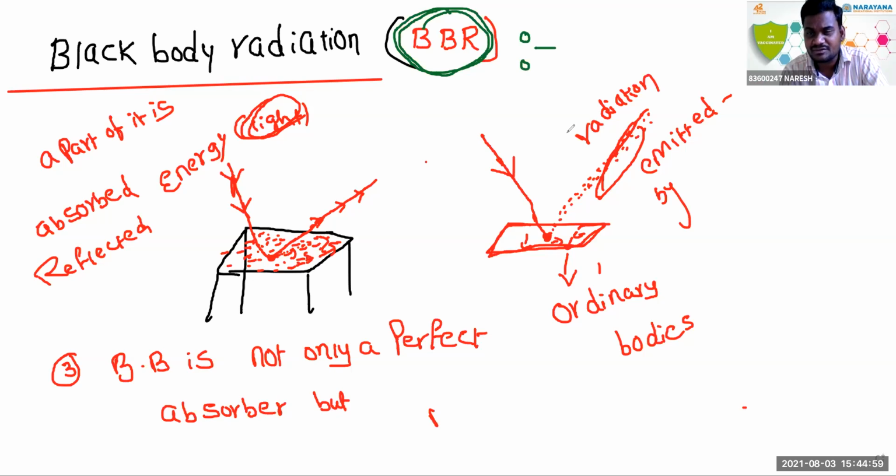Both the properties should be there. That body is called a black body. The radiation emitted by a black body kept at high temperature is called BBR, black body radiation. And examples. Right.